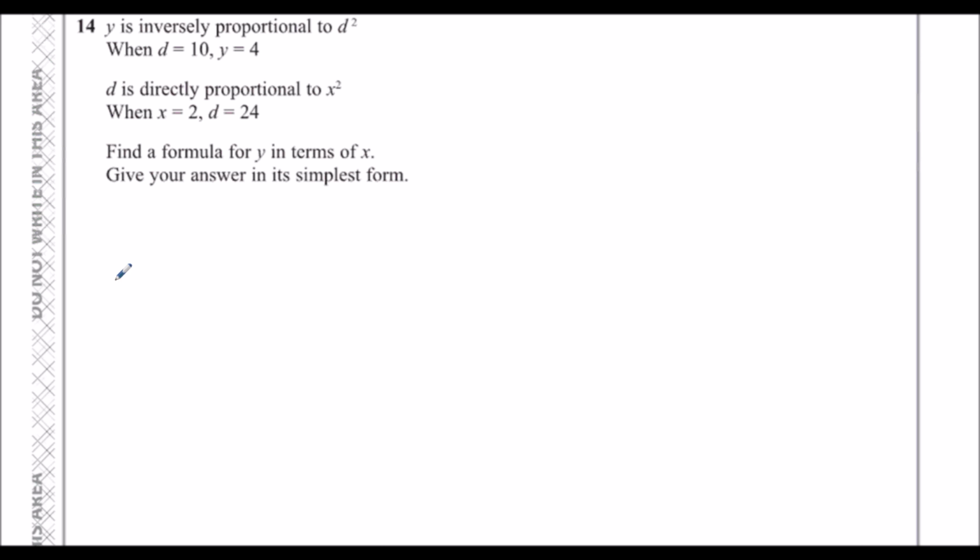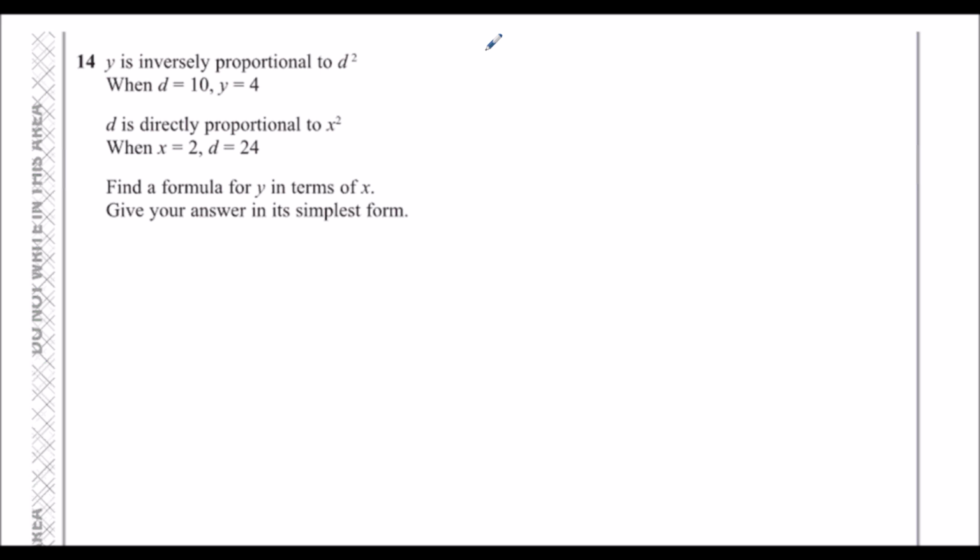Question 14. y is inversely proportional to d squared. Okay, so y equals k divided by d squared. When something's inversely proportional, it's equal to k divided by that thing. So y is inversely proportional to d squared means y is proportional to 1 over d squared, which means y equals k over d squared.